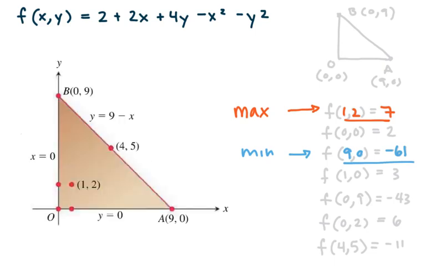And because the book has so many much nicer pictures than what I can actually draw you, here are the points that we found. Here are these 7 points. We have the 3 corners.